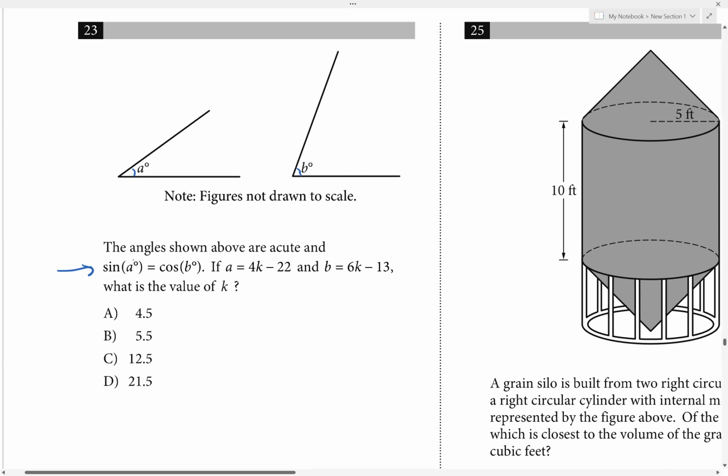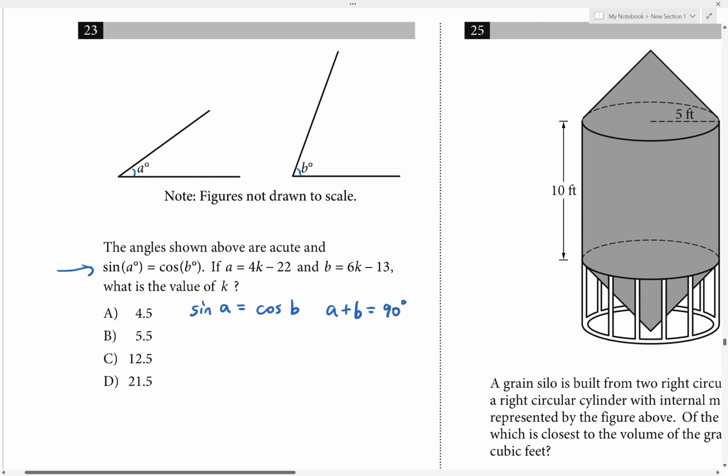What's complementary? Complementary means they add up to 90 degrees. So whenever we have sine of one angle equal to cosine of the other angle, the two angles always have to add to be 90 degrees. This is a rule with trigonometry.